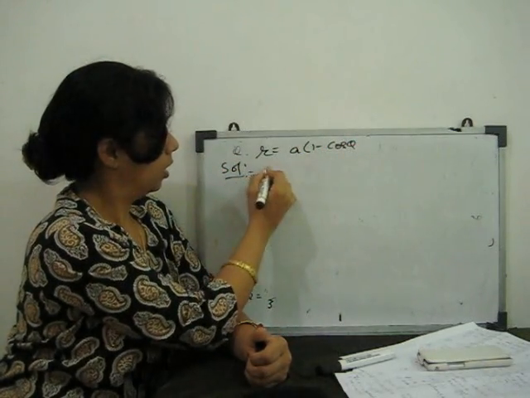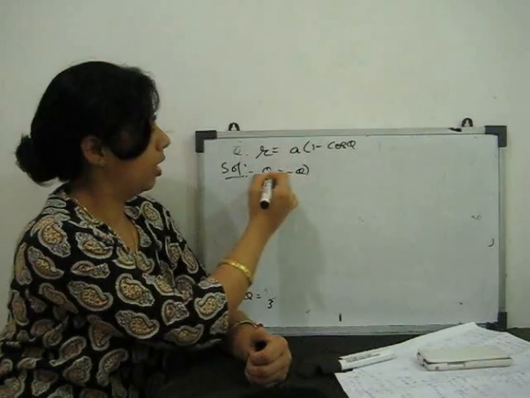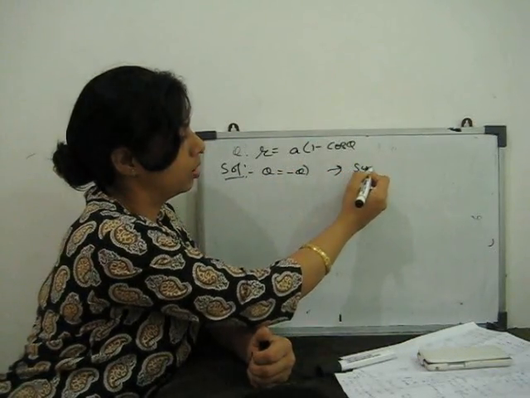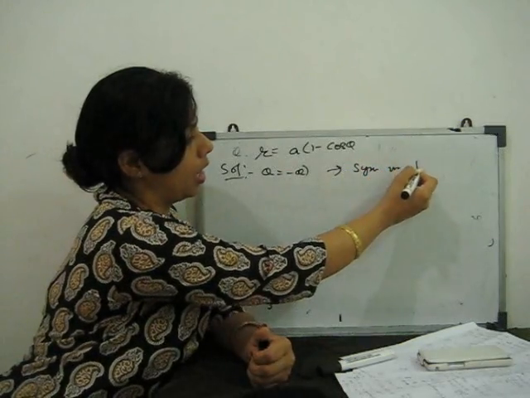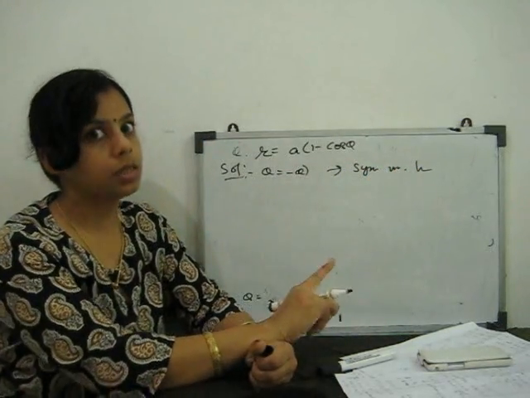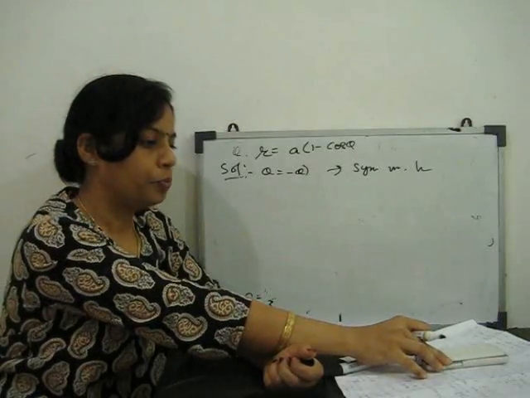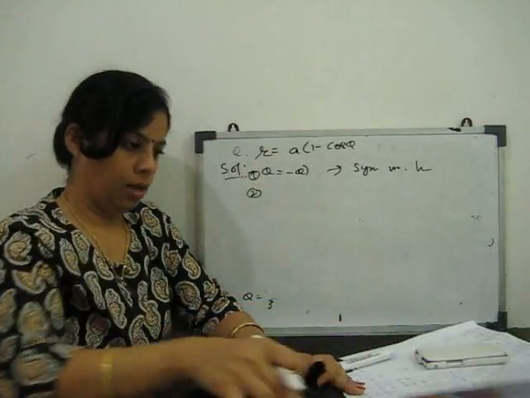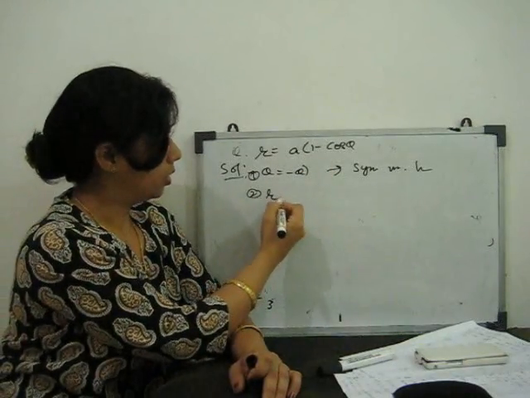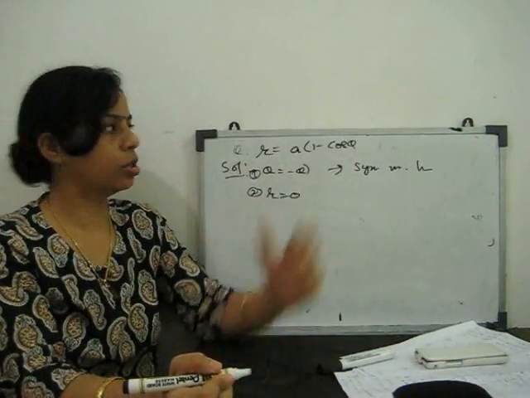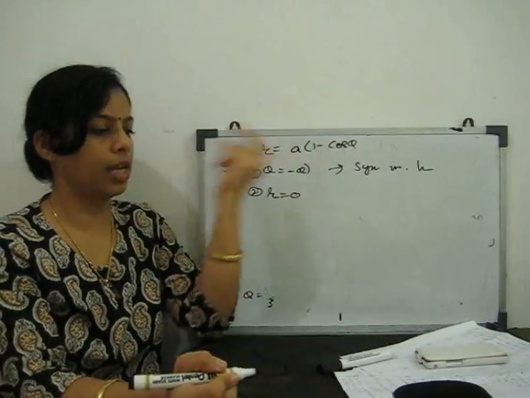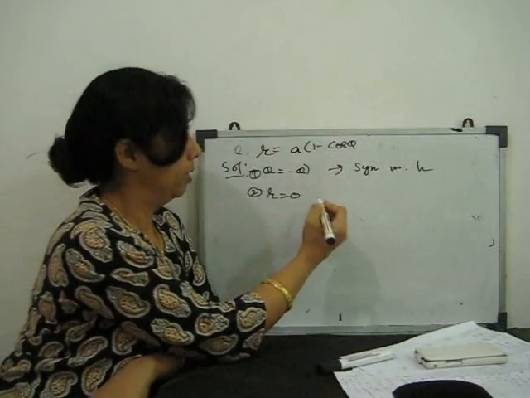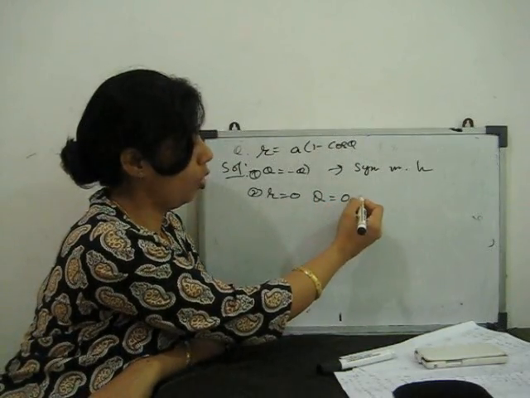Solution: replacing theta with minus theta does not change the value, so it is symmetric about the initial line. Clear? Second, if r is equal to 0, then cos theta is equal to 1. If cos theta is equal to 1, then theta is equal to 0 and 2 pi.